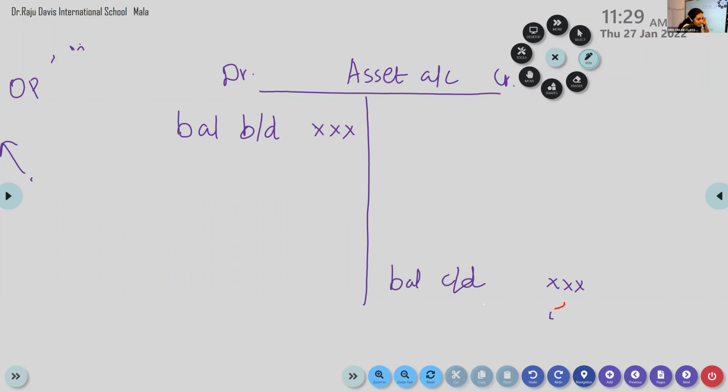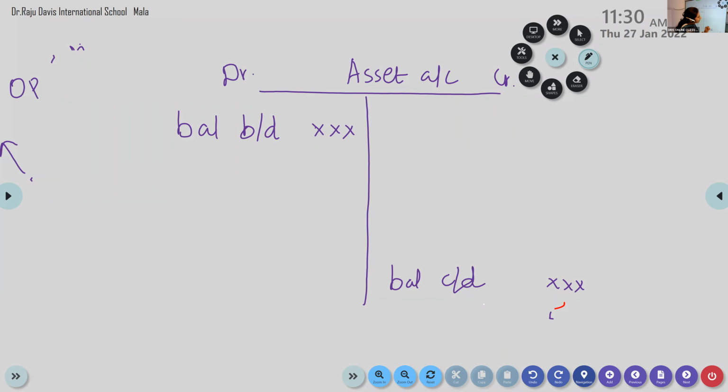You are selling an asset, so the asset is going out. And what comes in? Cash comes in. So what is the journal entry? Cash account debit to asset. Very good.